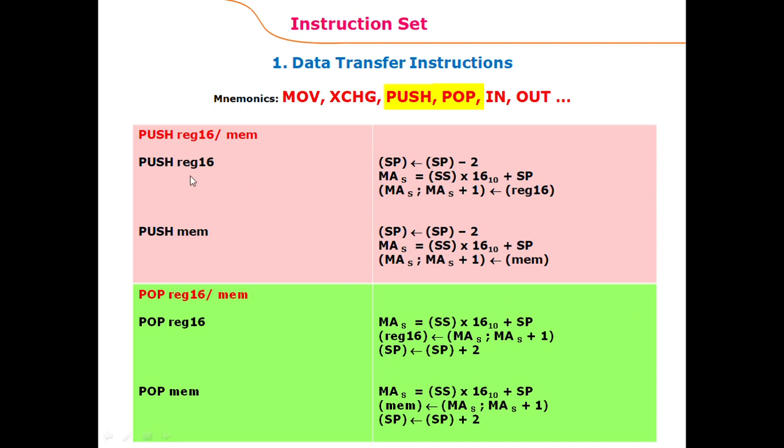Remember that in case of push, before executing the push instruction, the stack pointer is reduced by the number of bytes that are to be pushed. While in case of POP, the stack pointer address is incremented by the number of bytes that have been popped from the stack segment. The same address calculation is used in case of memory. The only difference is that the destination of the data is a register here, while it is a memory location here.